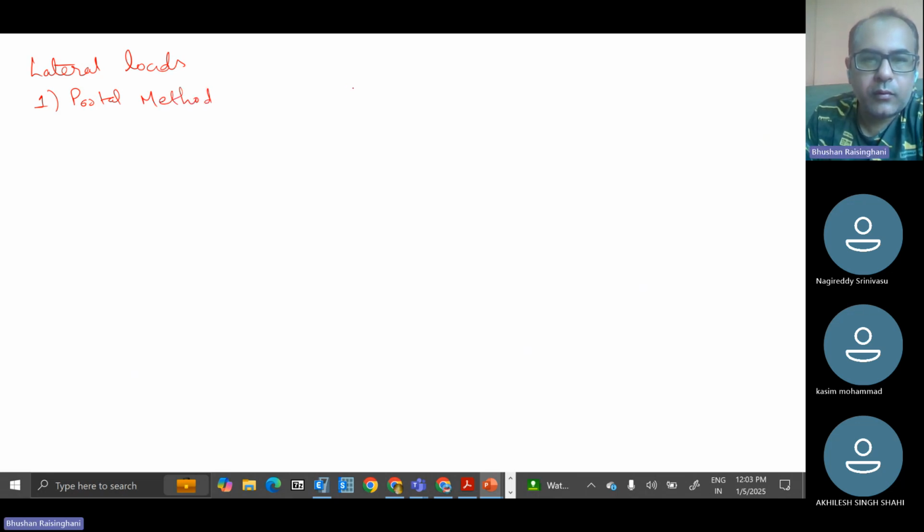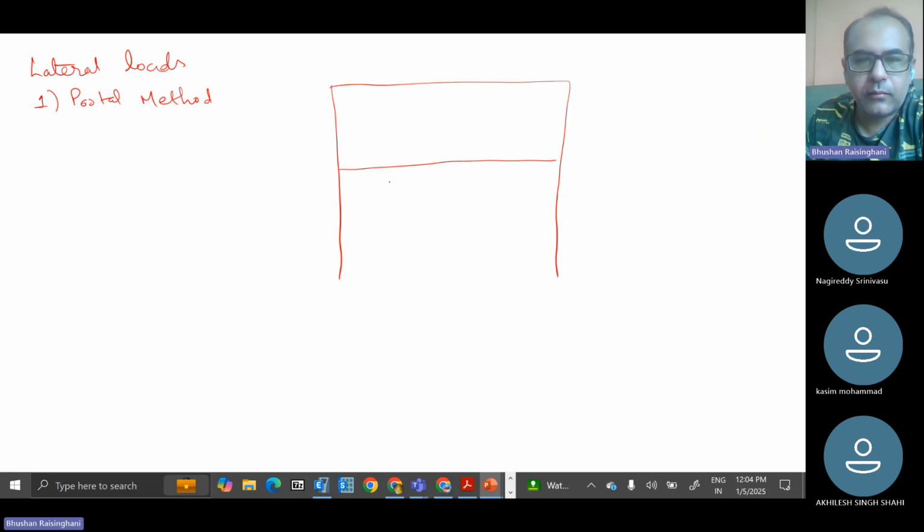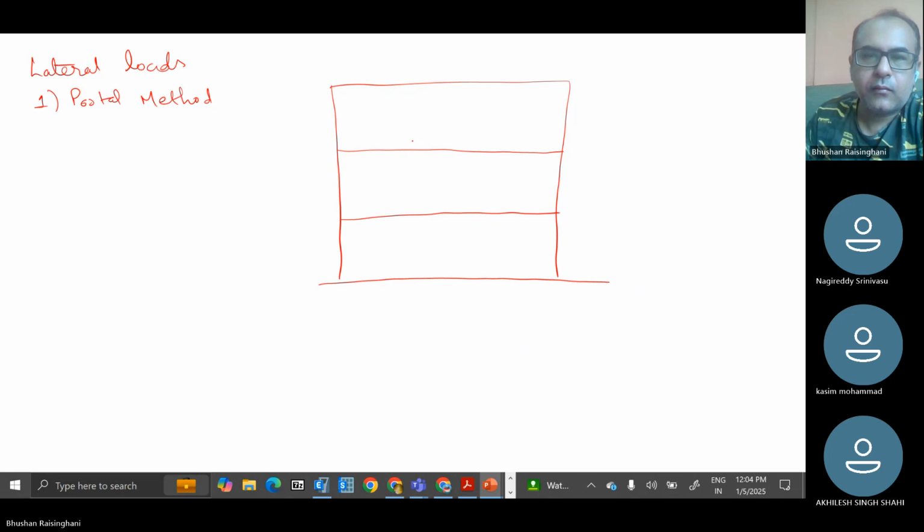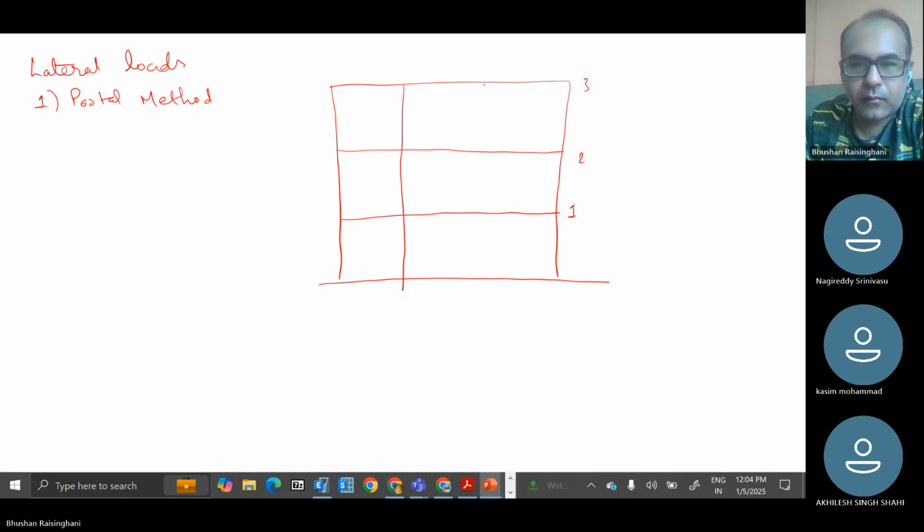So in the portal method, what we are doing, for the same building that we saw, first, second, and third. I think there were more columns. Okay, so you can just add it like this.